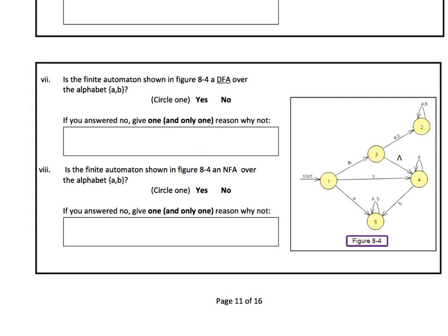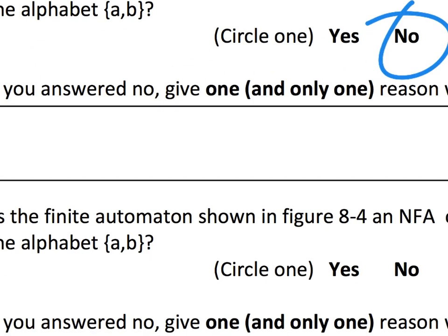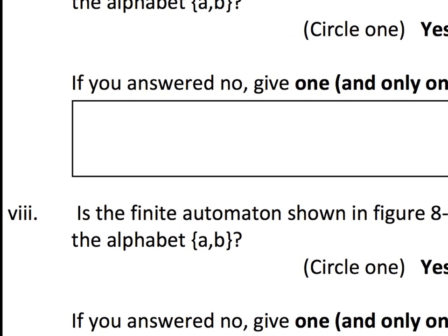Okay, last one. It's a bit messy, but let's see. Is it a DFA over the alphabet A, B? Well, let's see. There are lambda transitions, so no. So I can immediately write no, there are lambda transitions.